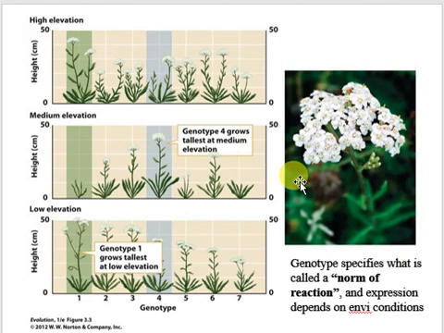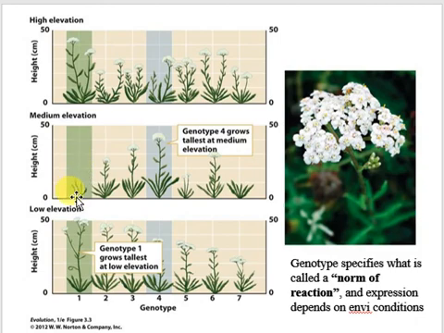So for this figure, looking at genotype 1, these plants are all of the same genotype. They're all genotype 1. The norm of reaction for genotype 1 is for tall plant height or tall growth at high and low elevations.